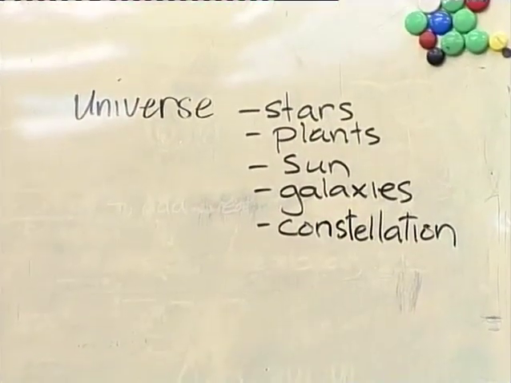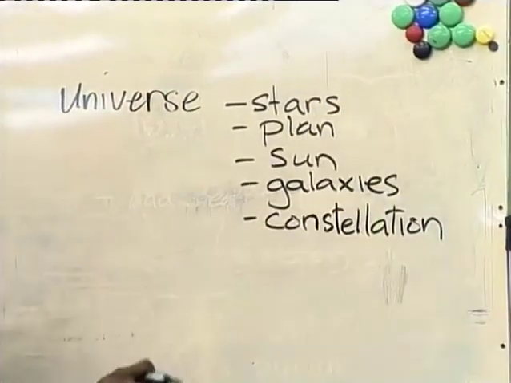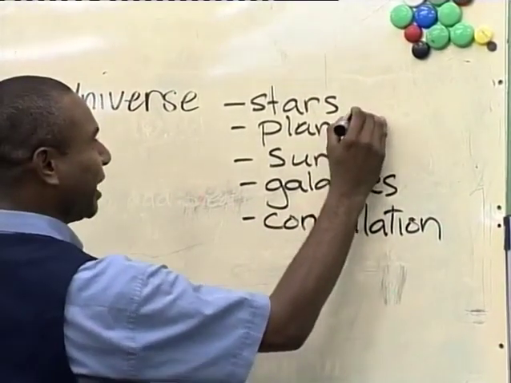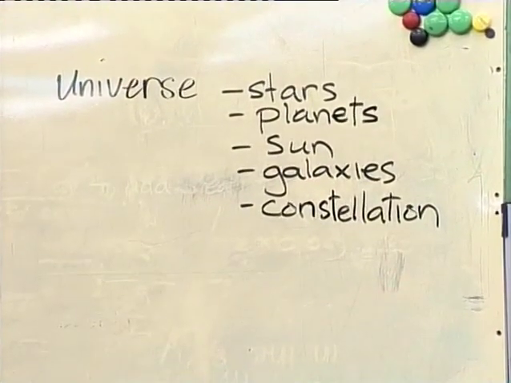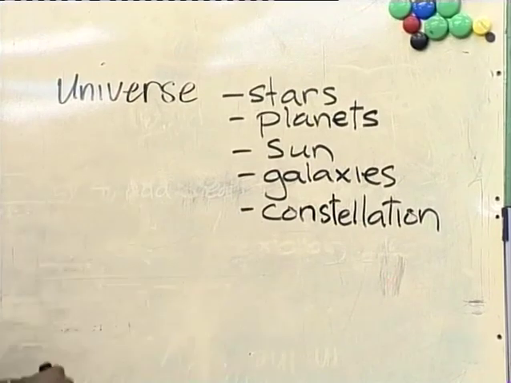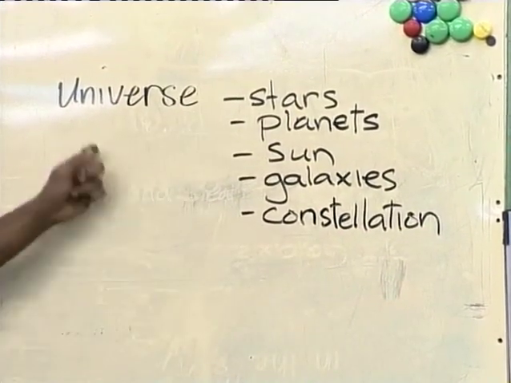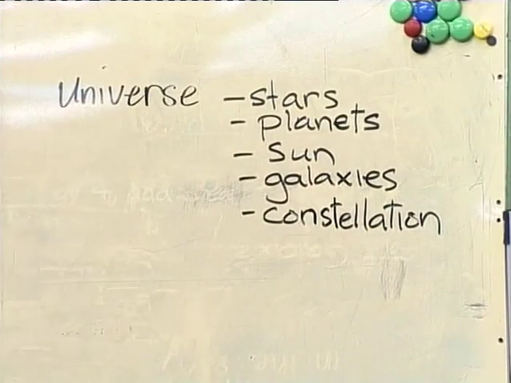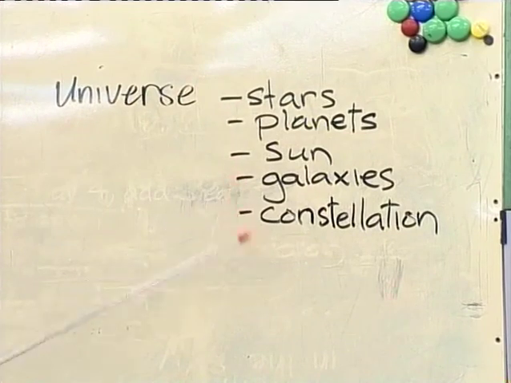All right, let's have a look at the, not plants, planets. Sorry about that, planets. Thank you for the correction. Let's have a look at this list here. Five words in the list that are in the universe. We have the stars, the planets, the sun, the galaxies, and the constellation.